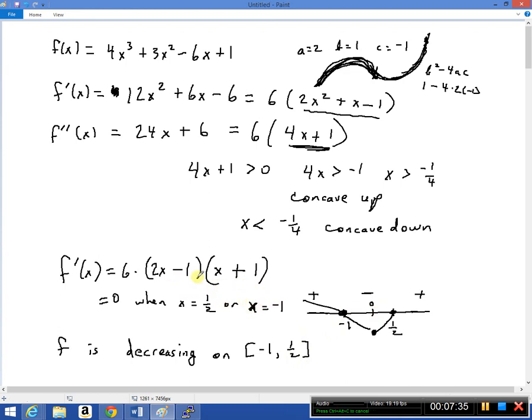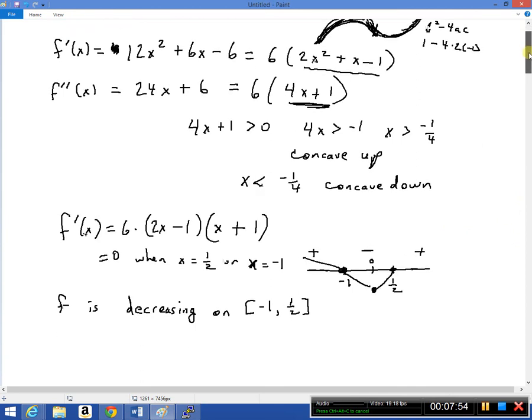Just plugging in one number will tell. And any number in between here, you can see that that's going to happen. Because for any number between -1 and 1/2, this is still going to be positive, but this guy will be negative. Okay, so f is decreasing there and increasing outside of there. So let's just write that down.